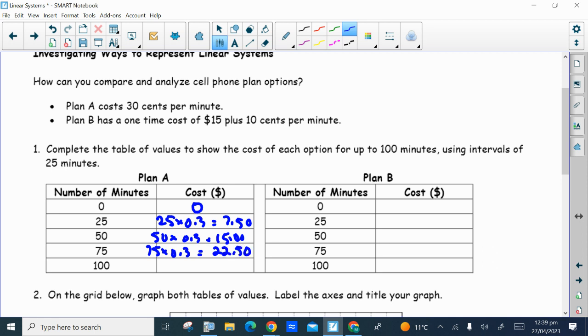This is a linear relation, okay, because the rate of change is a constant, 30 cents every minute. There's a pattern here. As the number of minutes increases by 25 minutes, we see that the cost increased by $7.50. For 100 minutes, it's 100 times 0.3, which would be $30.